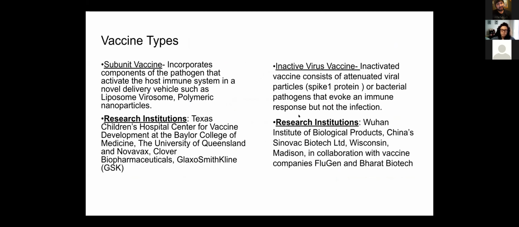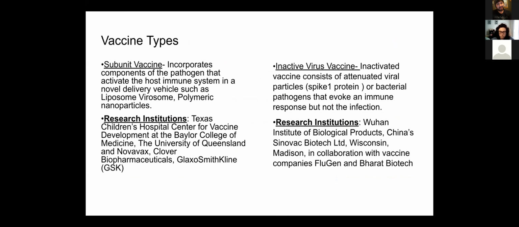So the first one I want to talk about is the subunit vaccine. So basically what it is, it's incorporating a piece of the pathogen into the vaccine. In this case, most of these that have incorporated something, it's a spike 1 protein. And right now they're looking a lot into the actual vehicle that delivers that.